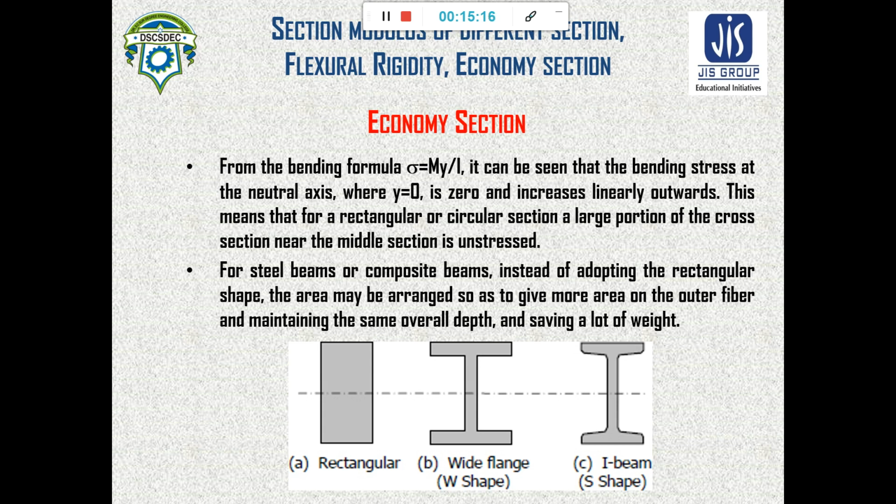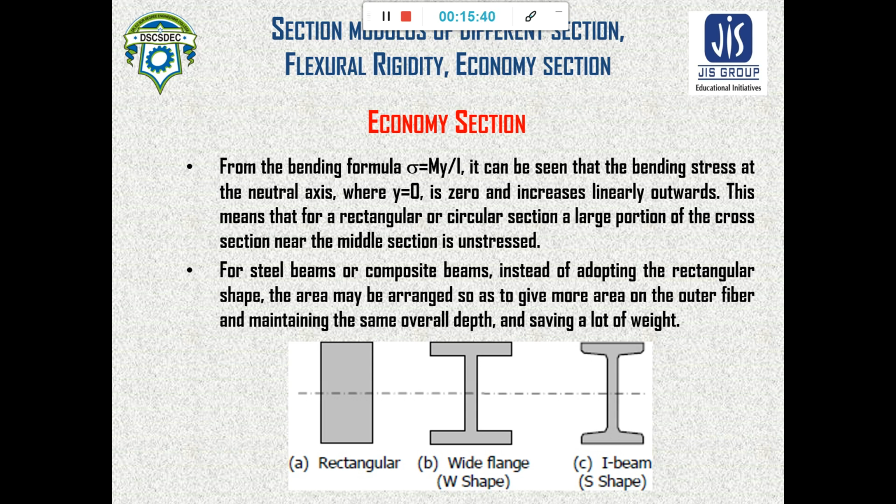In the neutral axis y is 0, which gives bending stress equal to 0, and y increases from the neutral axis towards the outer fiber, so the bending stress increases linearly outward.